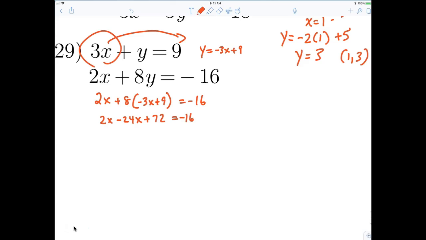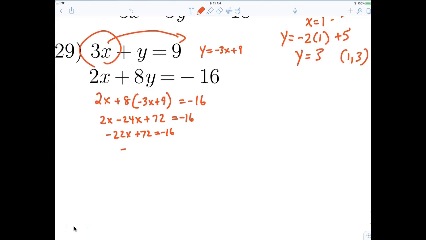Everybody good? All right, some of you are going to be happy when you make 100 on your test. It's really this simple. But I'm telling you, if you're not doing the work, it's not going to be simple. It's impossible. So now, does everybody agree? Negative 22x plus 72 equals negative 16. Agreed?